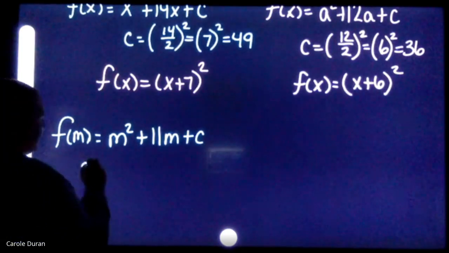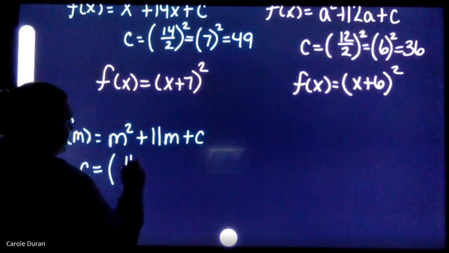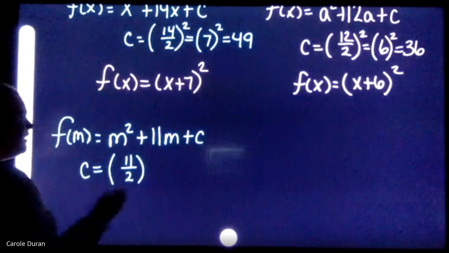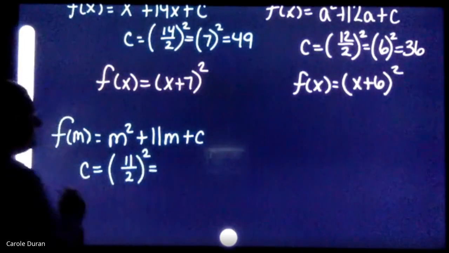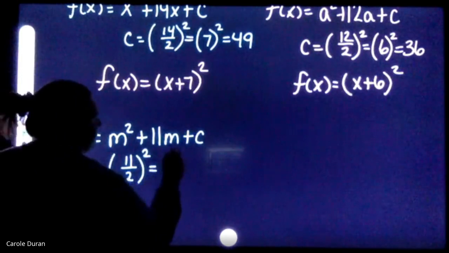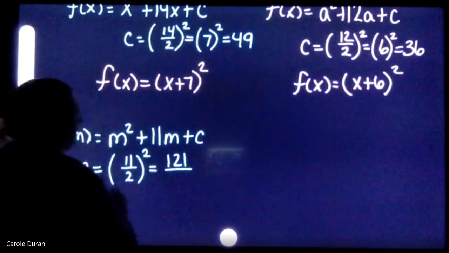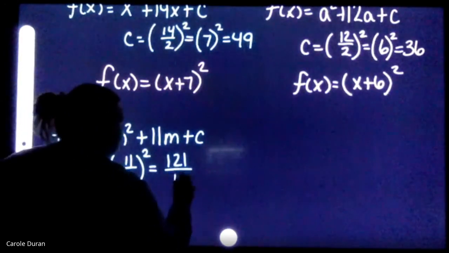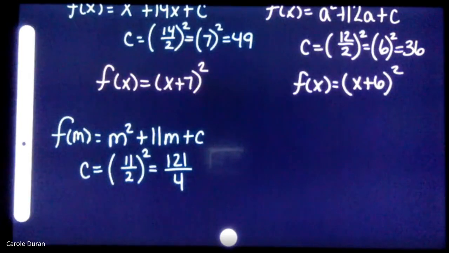So just like before, we're going to take that middle term 11 and split it in half and square our answer. Well, I can't reduce 11 over 2, so I'm just going to have to square it the way it is. So I square the 11. 11 times 11 is 121, and 2 times 2 is 4. So my c value here would be 121 over 4.